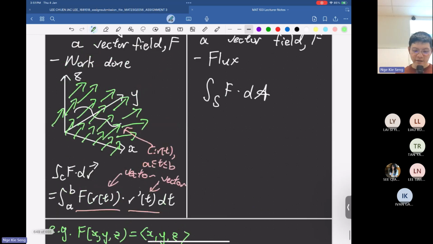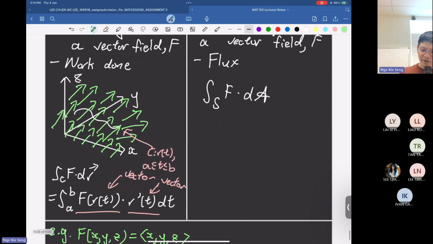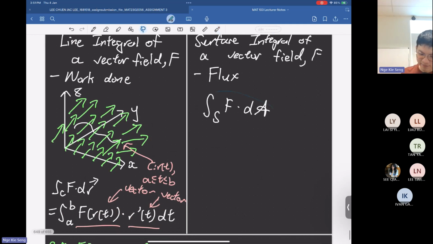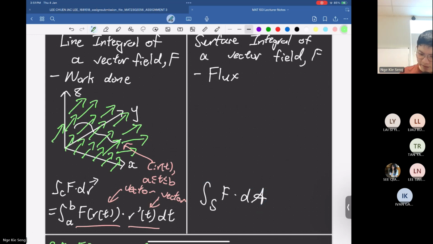So the line integral of a vector field becomes a dot product between two vectors. So you could imagine the same thing happens in the surface integral, right? Okay, so what happens in the surface integral here?